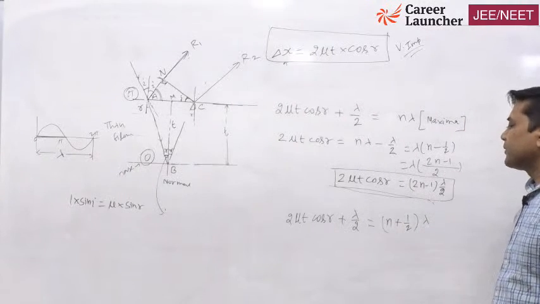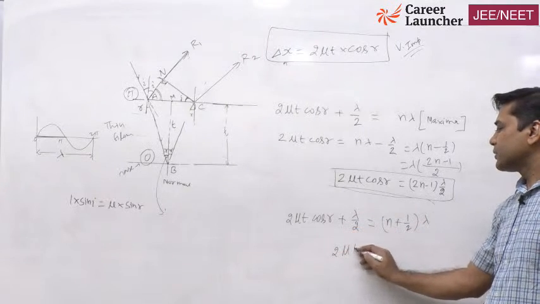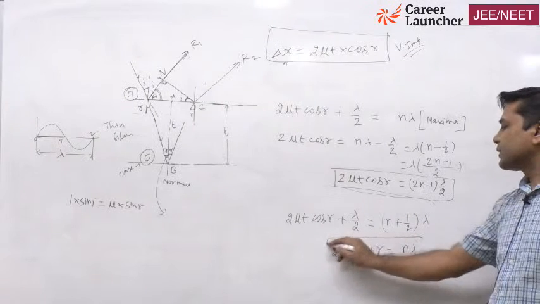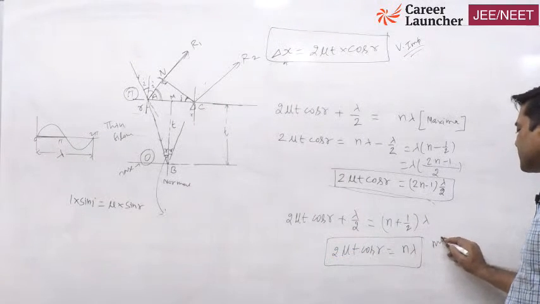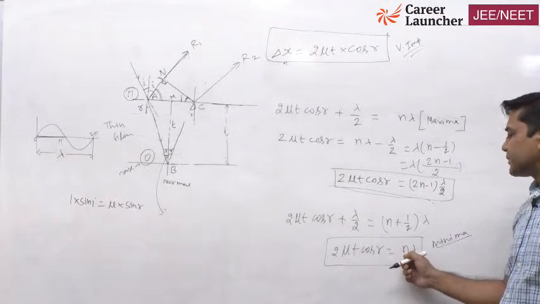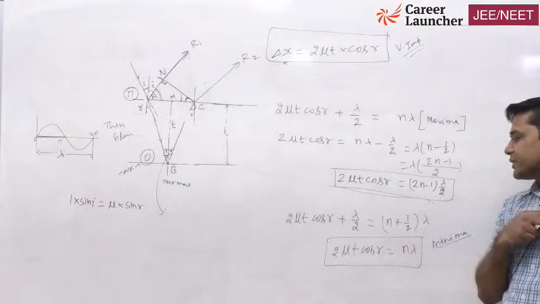Here lambda by 2 is cancelled out, so 2 mu t cos r equal to n lambda. This is the condition for minima. Destructive interference will take place here. There will be a dark fringe for this given condition.